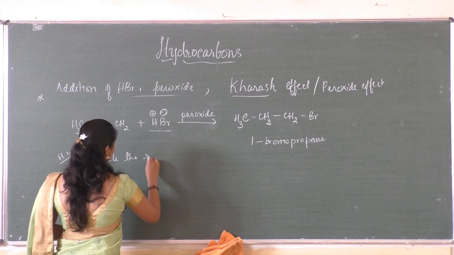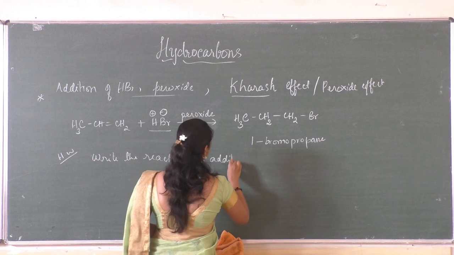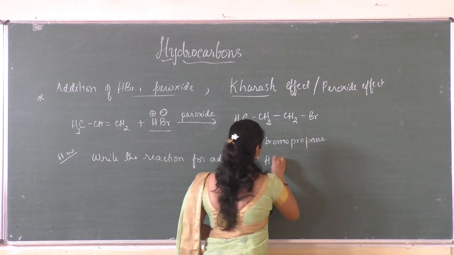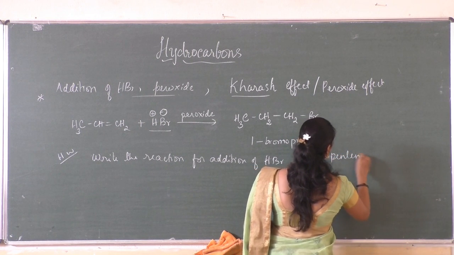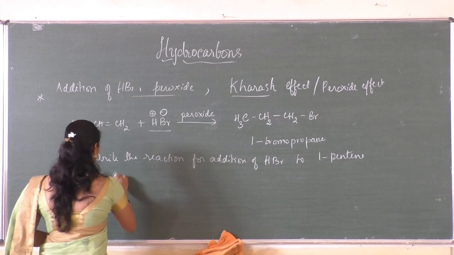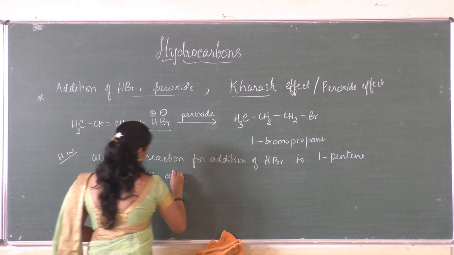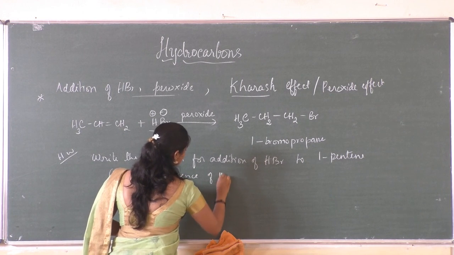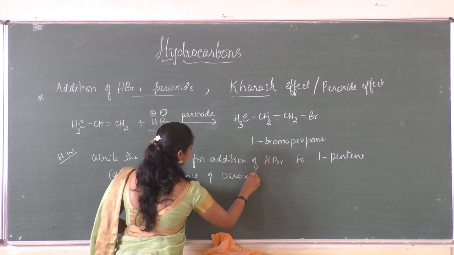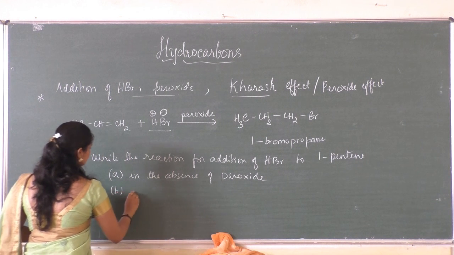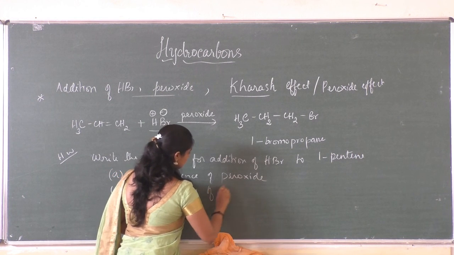Write the reaction for the addition of HBr to 1-pentene: A, in the absence of peroxide, and B, in the presence of peroxide.